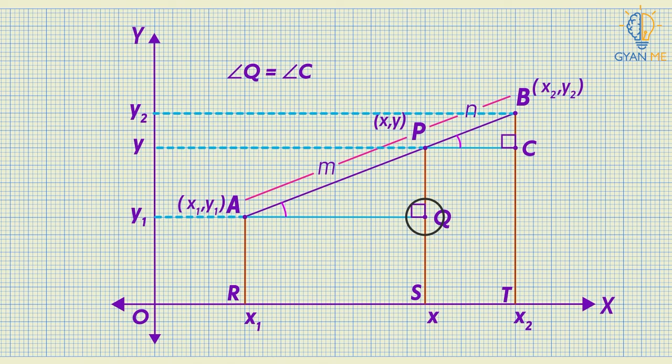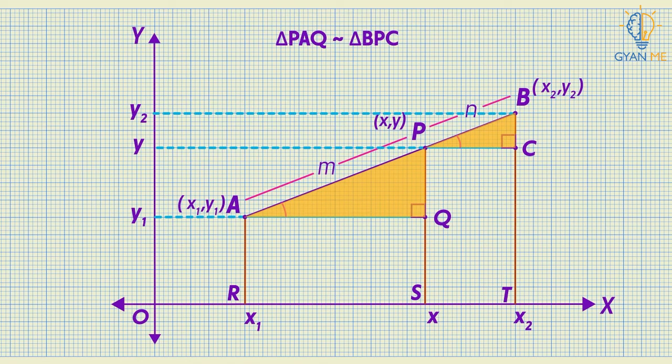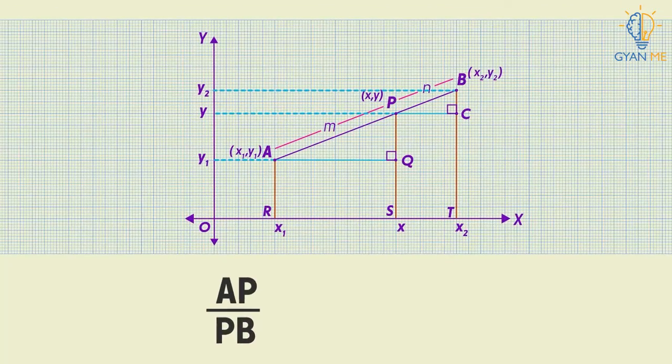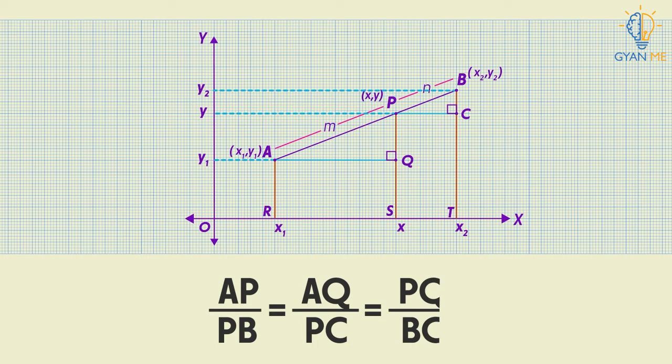Therefore, angle Q is equal to angle C and angle A is equal to angle P. Thus, by angle-angle similarity criteria, triangle PAQ is similar to triangle BPC. And as we know that if two triangles are similar, then the ratio of their corresponding sides is equal. Therefore, AP upon PB is equal to AQ upon PC is equal to PQ upon BC.